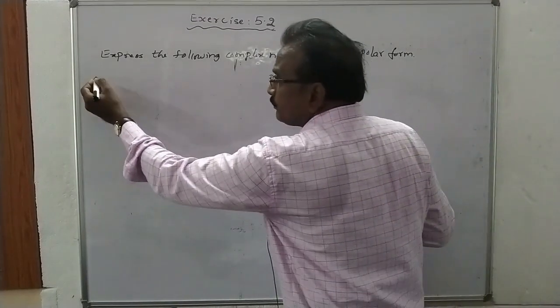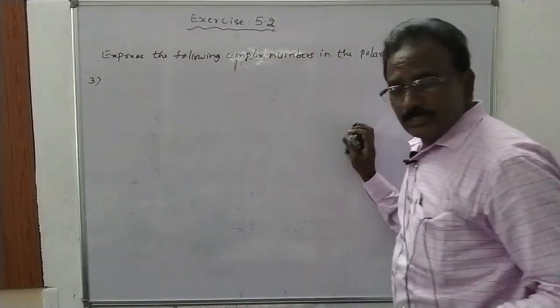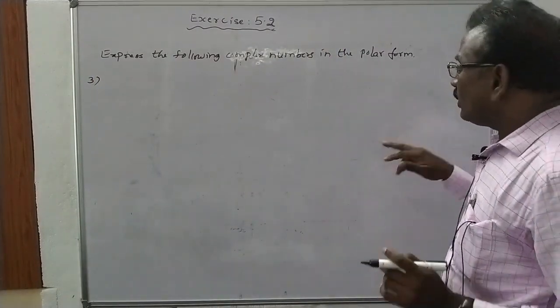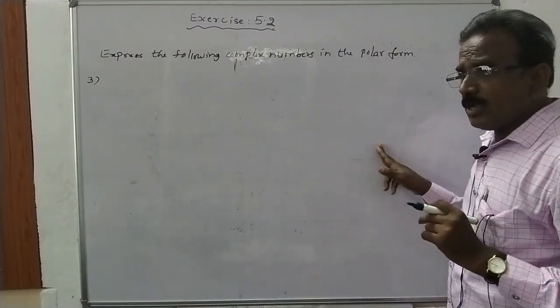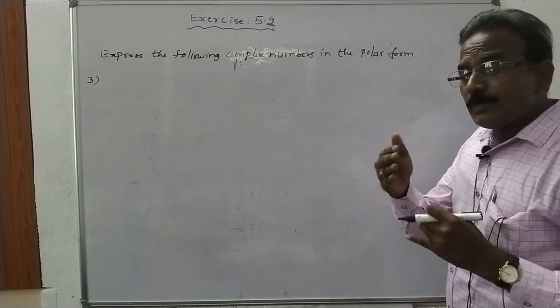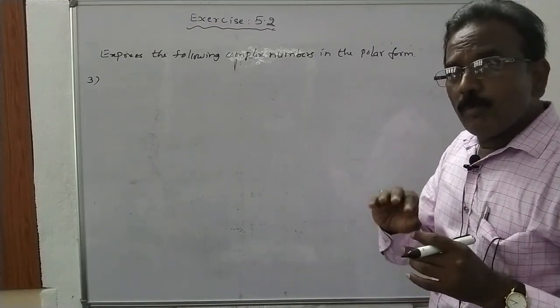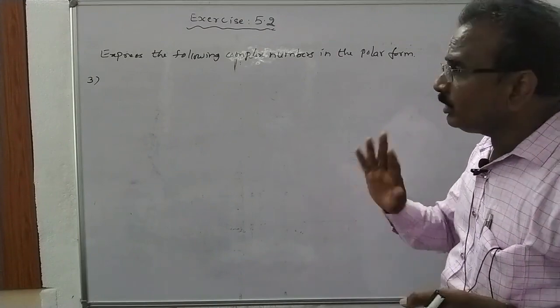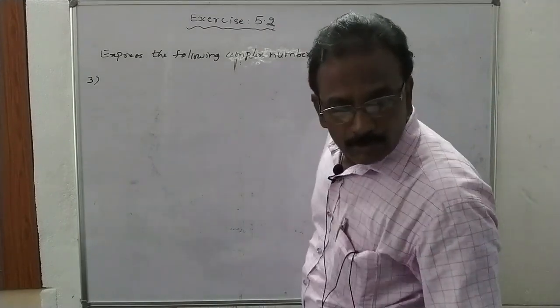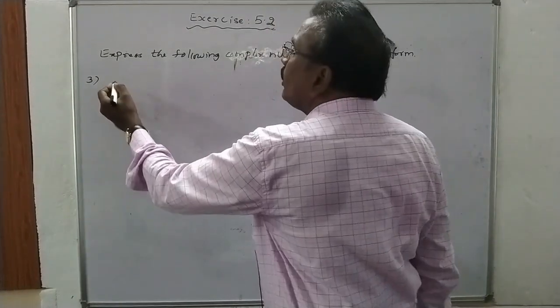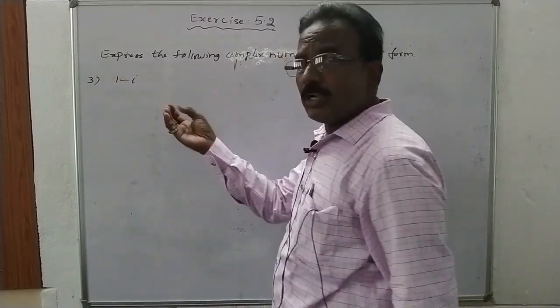So question number 3, express in the polar form. So what is the polar form? R into cos theta plus i sin theta. To express polar form, we need to find modulus, that is R value, and theta value, right? Question number 3, 1 minus i. So this is the Cartesian form.